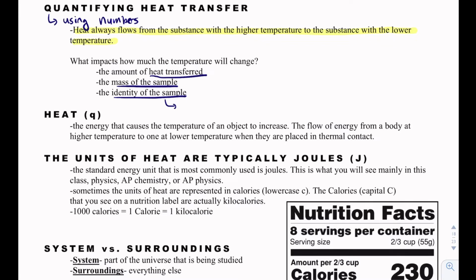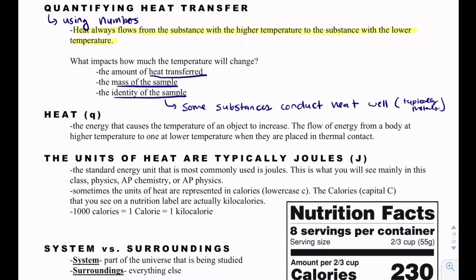The identity is specifically important because some substances conduct heat well. Those are typically metals. And then some do not.